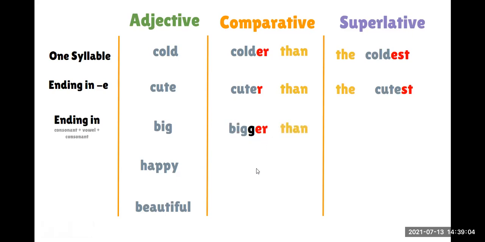And we have bigger than. Okay, so we can say bigger than or the biggest, right? Can you give me an example with this comparative and this superlative? Bigger than and the biggest. Santa Cruz is the biggest, bigger than Potosí.